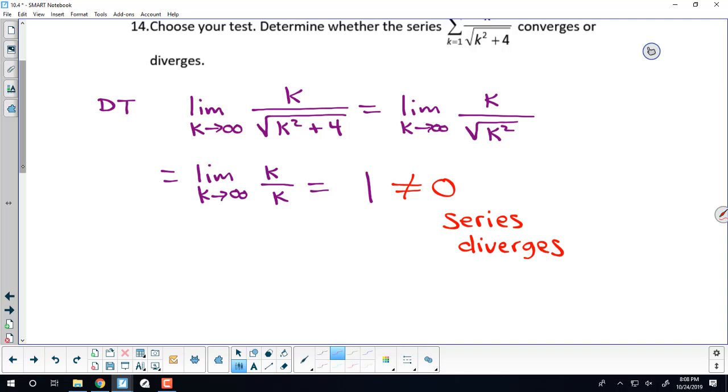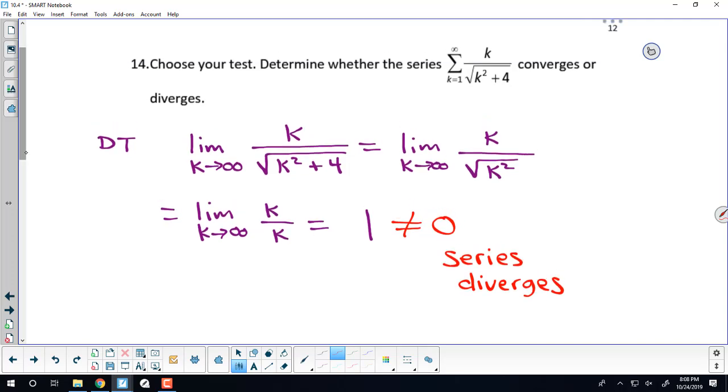I know it's clear that some of you are able to look at it and have an intuitive feel for why it's going to diverge, because it becomes k over k, or whatever your reasoning is. Please make sure you're justifying that somehow on the exam, though.